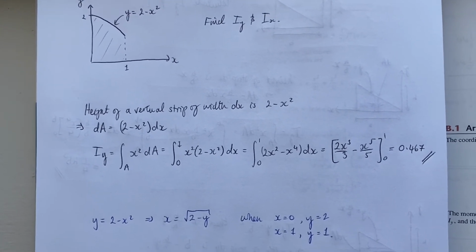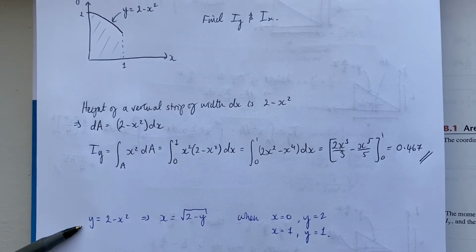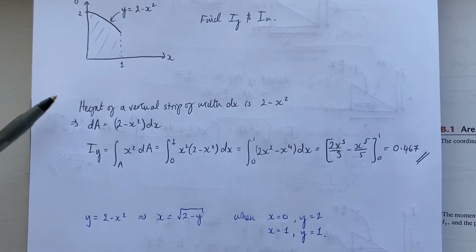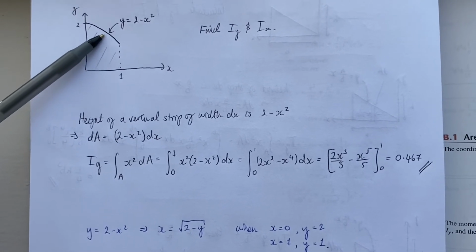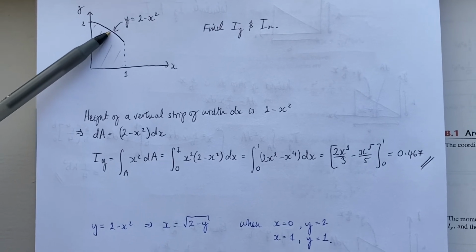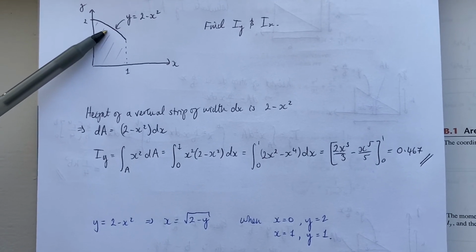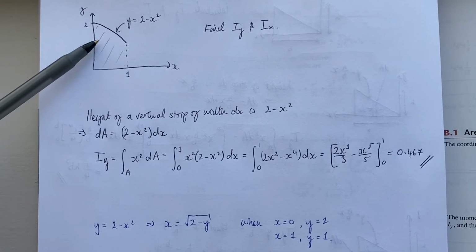So to calculate the moment of inertia about the x-axis, we need to, as we saw in the previous example, split this area into horizontal strips this time of height dy, and therefore we need the width of the strips.